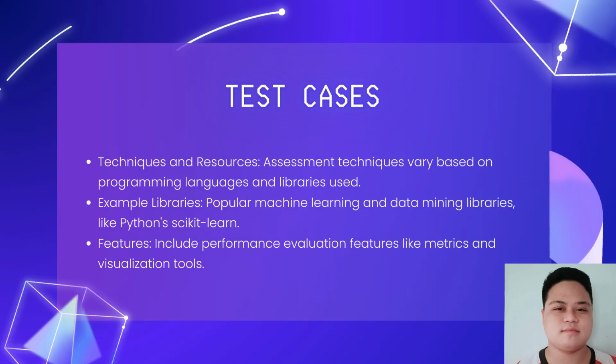And the next is all about the test cases. Evaluating the performance of the Apriori algorithm requires rigorous testing under various scenarios and datasets. Test cases serve as standardized benchmarks for assessing the algorithm's efficiency, accuracy, and scalability. Popular machine learning libraries such as Python's scikit-learn provide a range of tools for conducting performance evaluations, including metrics like precision, recall, and F1 score.